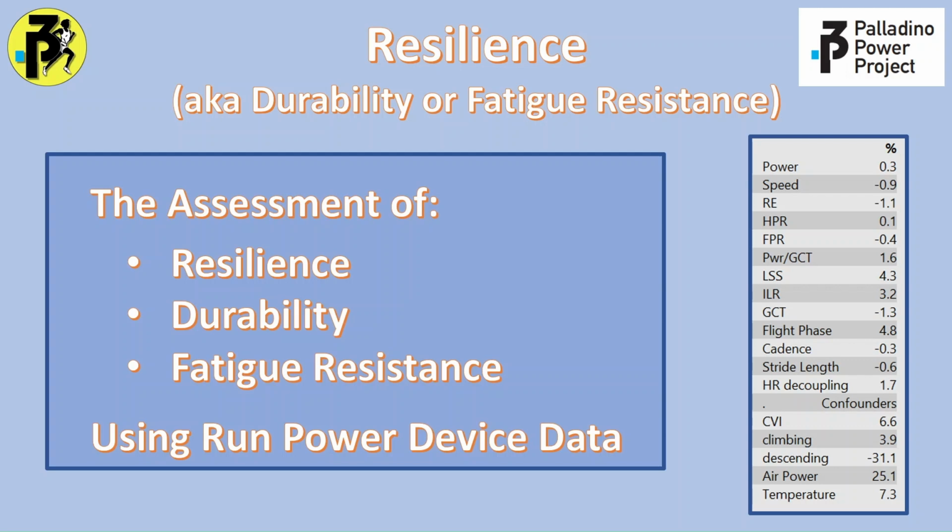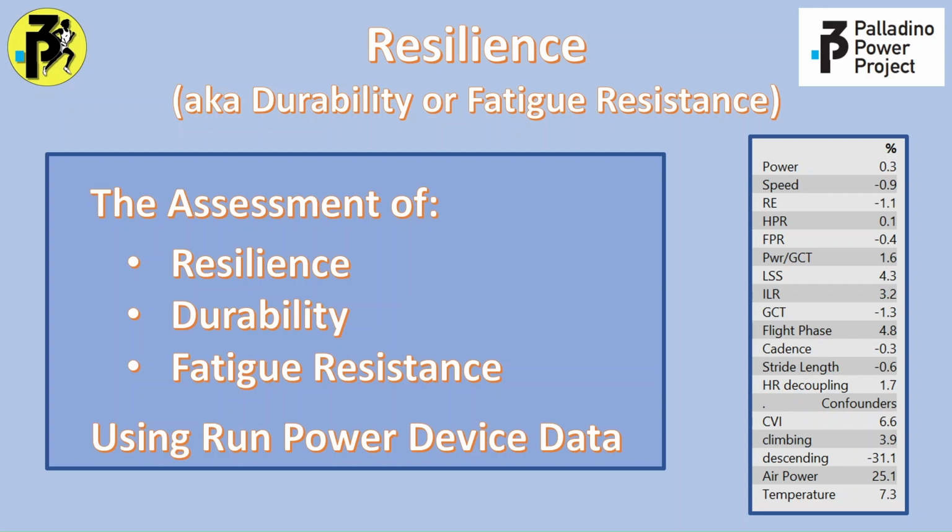When I covered part one, I covered this report that you see on the right, which is in WKO and uses stride data. I talked about two different reports. One compares the second half of a run or race to the first half in terms of these various metrics.